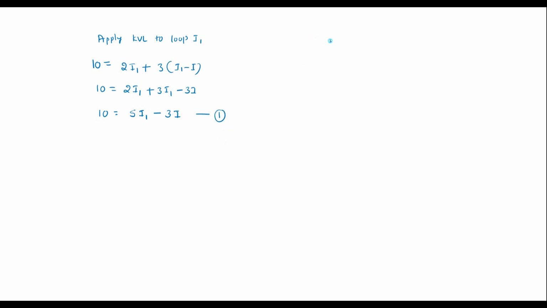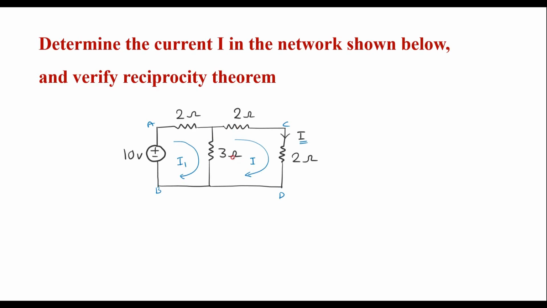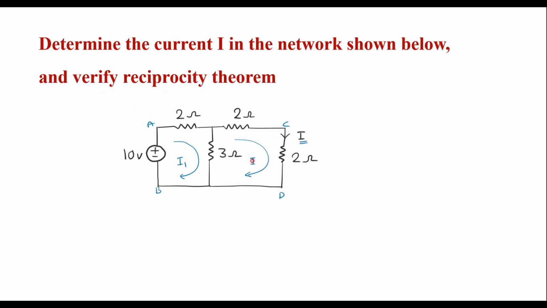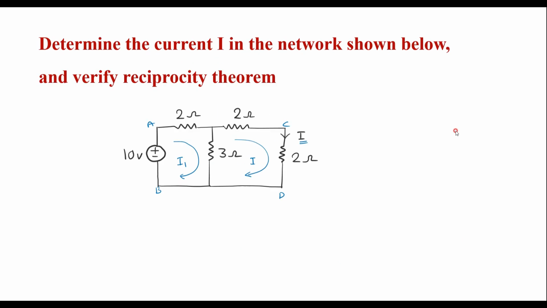Now similarly apply KVL to loop I. Here in this loop there is no voltage source, so I can say voltage 0 is equal to the voltage across the 2 ohm resistor, 2I, the voltage across this 2 ohm resistor, also 2I, that is 2I plus 2I, plus the voltage across this 3 ohm resistor, which is 3 into I minus I1, because current I is flowing bottom to top and I1 is opposite to that.